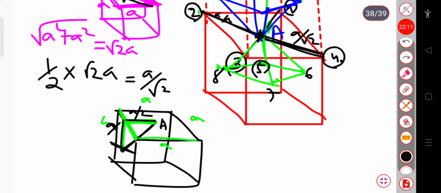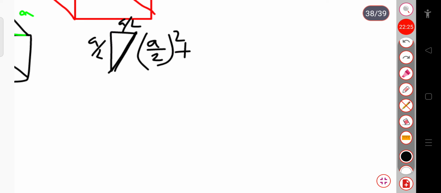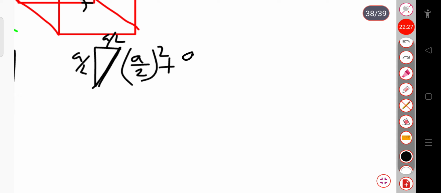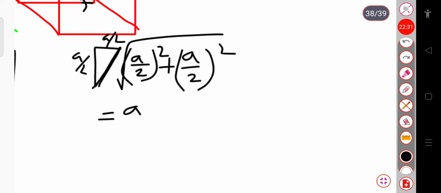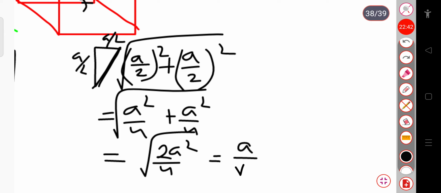Now for this triangle, I can calculate this distance. It will be the square root of (a by 2) squared plus (a by 2) squared, which is the square root of a square by 4 plus a square by 4, that is the square root of 2a square divided by 4. That will be equal to a by root 2, since 2 by 4 is 1 by 2.